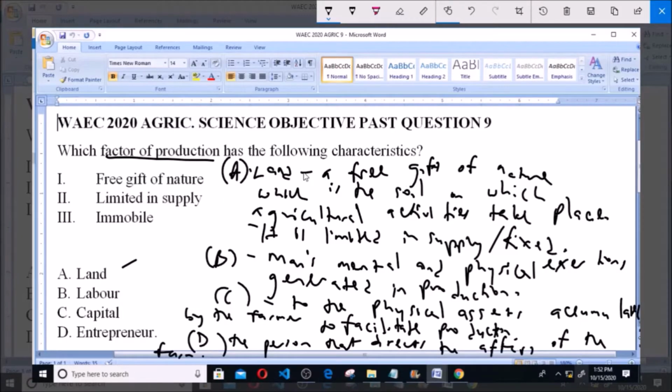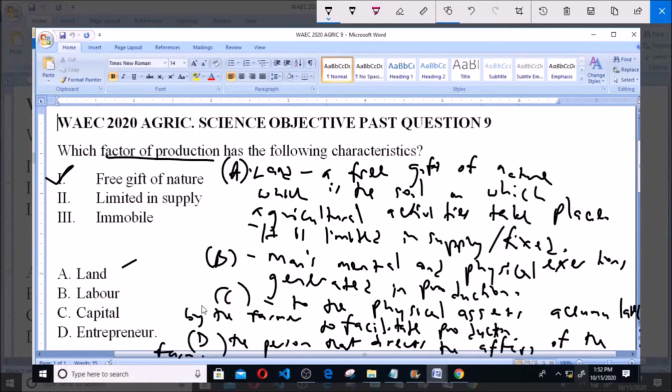Now, I've already said land, based on its definition, it is a free gift of nature, so it ticks the first characteristic, while the other ones are not necessarily free gifts of nature. They are either employed or generated. Now the second characteristic said limited in supply.